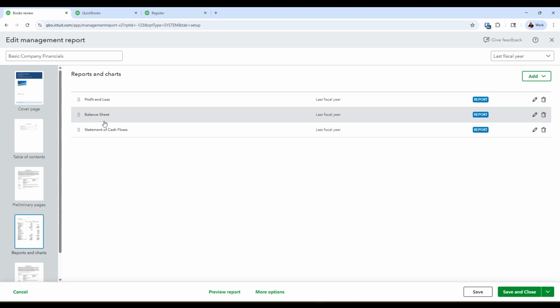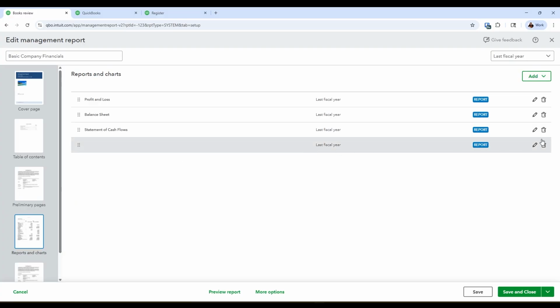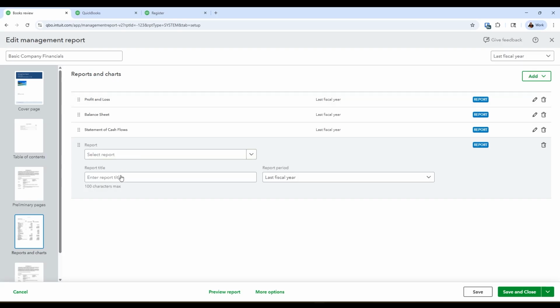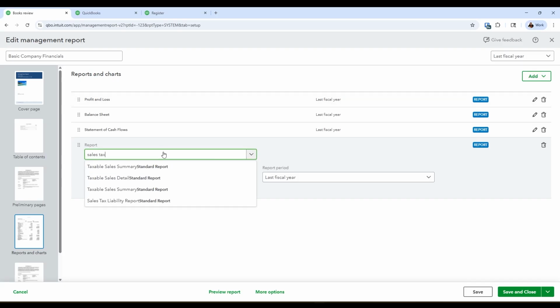So we have the profit and loss, balance sheet, and statement of cash flow. We can add, if you are a retail company and you collect sales tax, you want to do the sales tax report as well. I can type here sales tax report. Summary, sales tax summary, standard report.